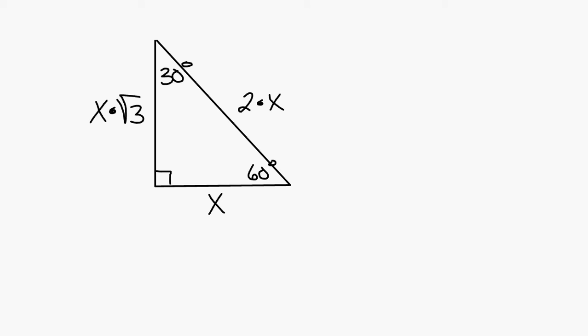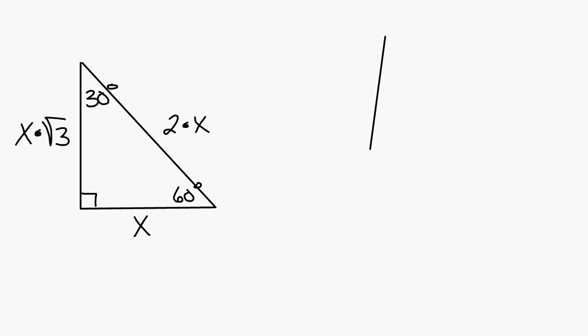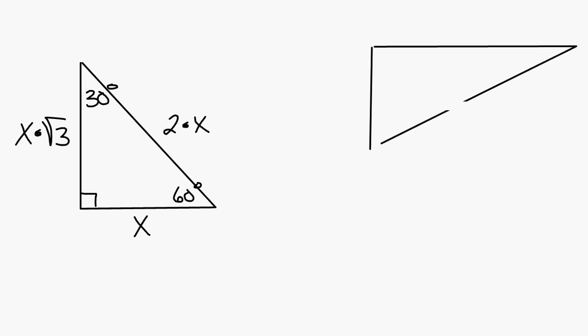So in these types of problems, the information that you're usually given is something like, you'll be told the triangle is a right triangle. And you could be given one of the angles.